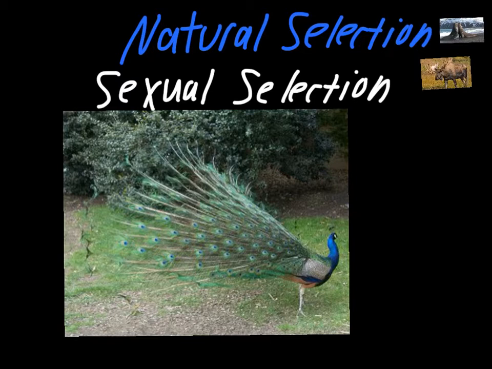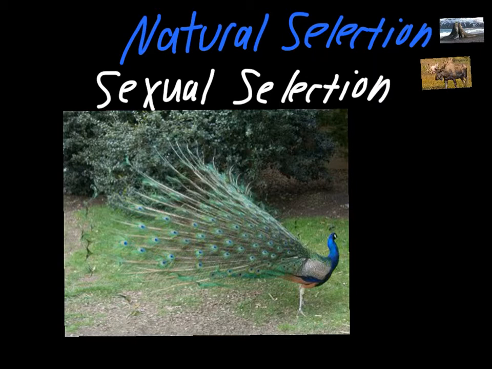And something to consider is some of these traits get so extreme that it's actually bad for the male's survivorship overall. Like, it's much easier for a predator to catch this peacock than one with much smaller feathers. Yet, because of sexual selection, because this is the one that's chosen by the females to reproduce and pass on its genes, this is a trait that's selected for in the population. So it's kind of interesting because we talked about fitness in two ways.